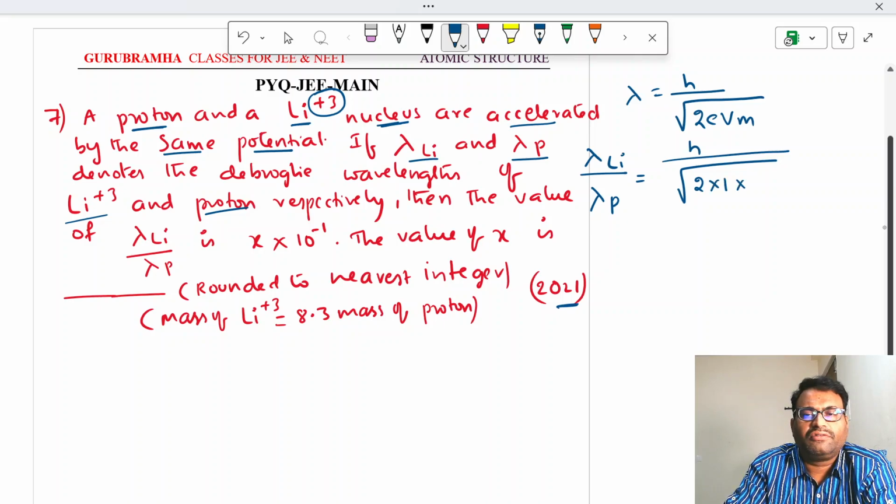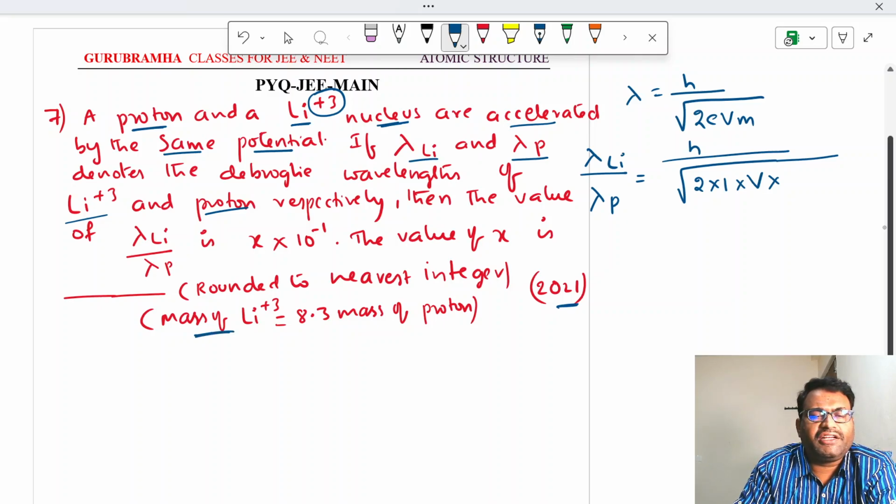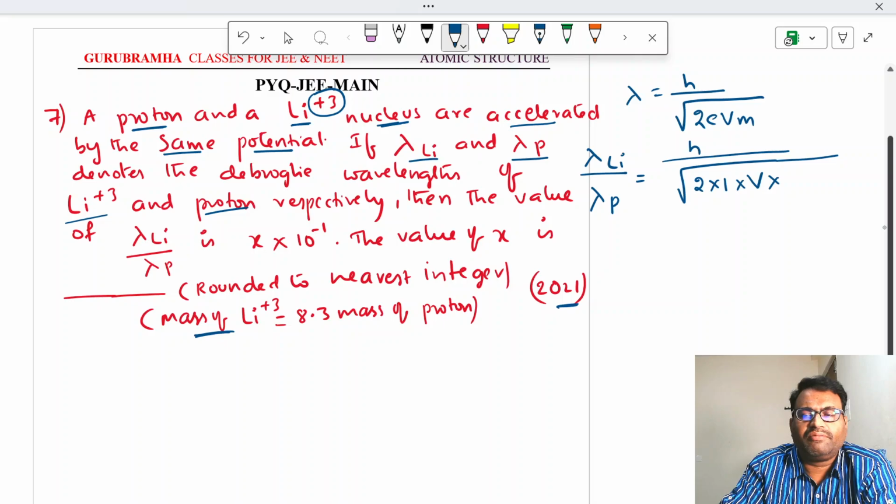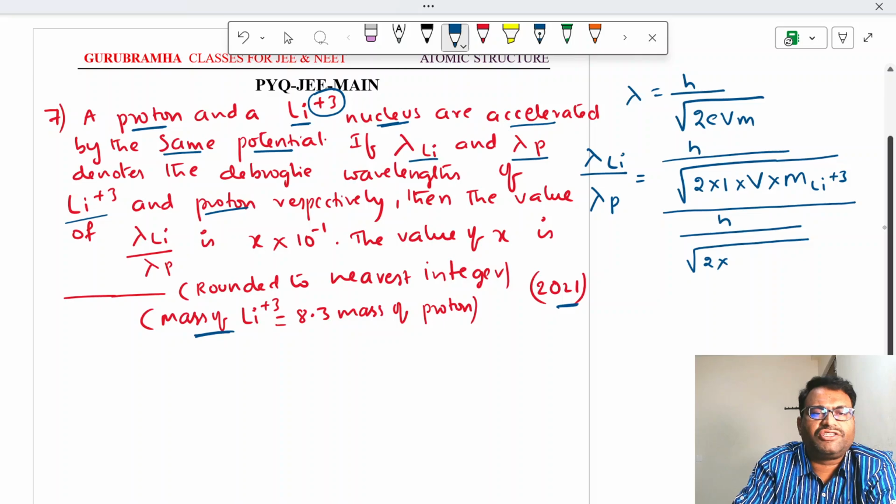So 1. Potential difference for both is same, V into mass of Li, by h by root 2 into, what is the charge? See here it is Li. So the charge will be how much?